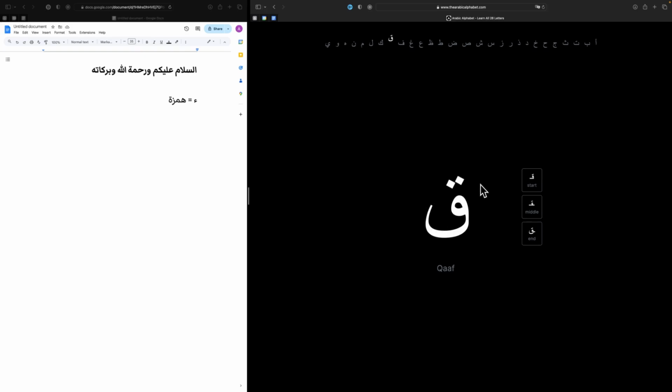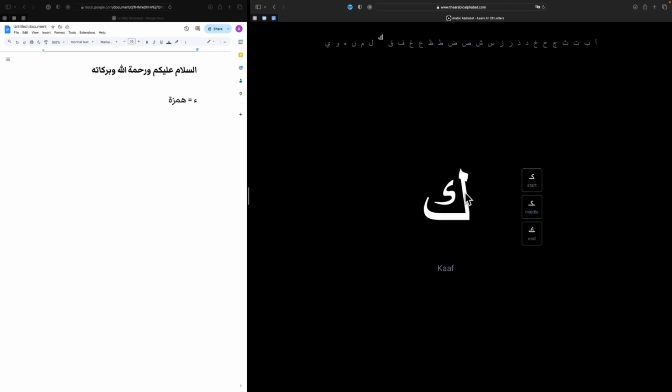This one's Qaaf. It's much sharper, it's deeper in the throat, and it's deeper in sound as well. The next is Kaaf, which is the equivalent of the K sound.